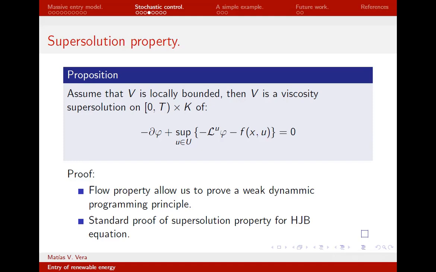Okay. The strong Markov property is also used here. But basically, you prove a dynamic programming principle, and then you use the standard proof for the supersolution property in the Hamilton-Jacobi-Bellman equation. Okay, this is very standard, but it's fun to prove. This is the easy part.